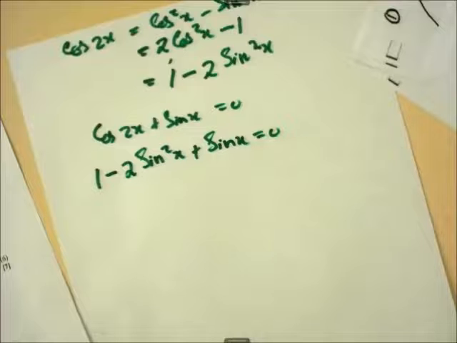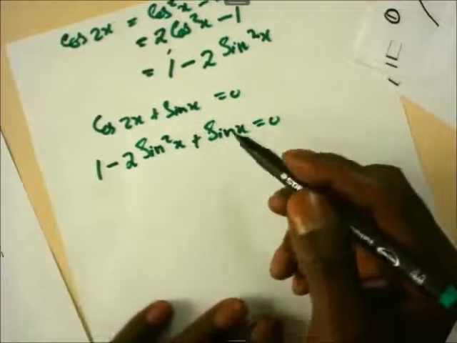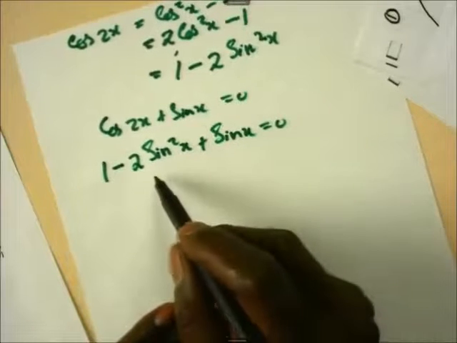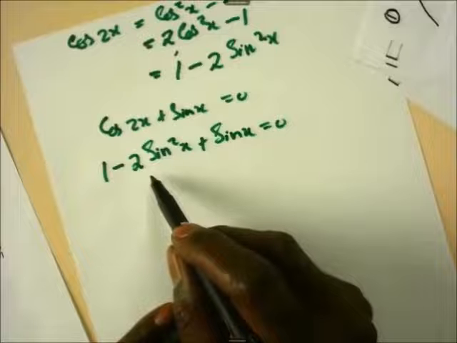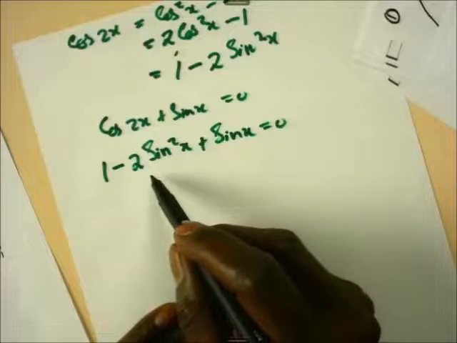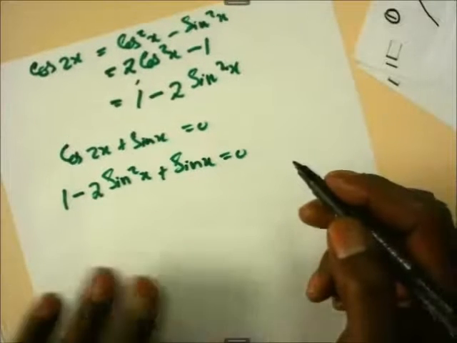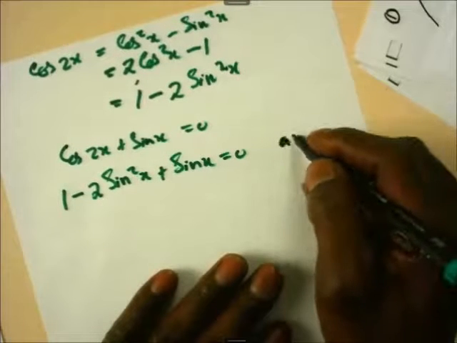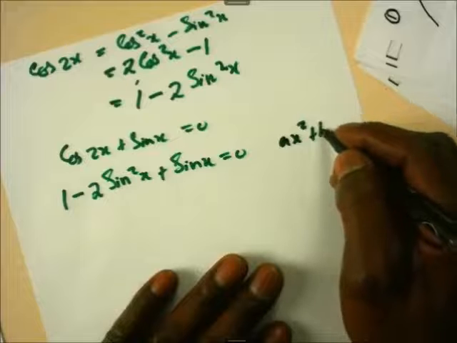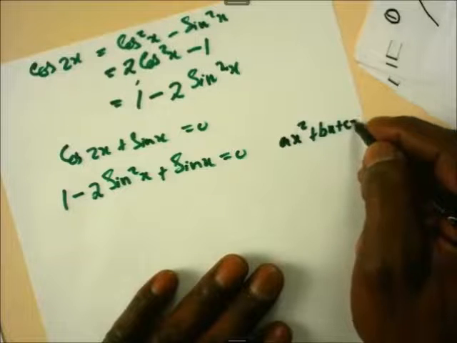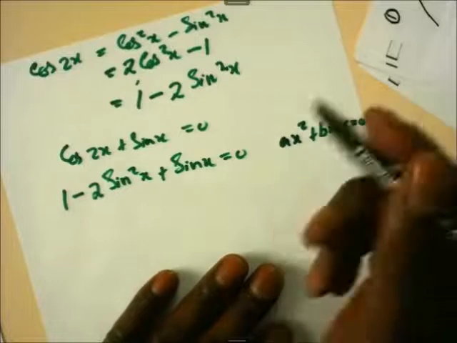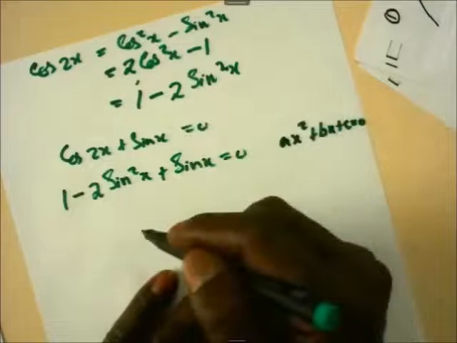We can now make progress. Now, this is a bit complicated if it stands like this. I'm used to a quadratic equation as ax squared plus bx plus c is equal to 0. I would like to relate this to that.